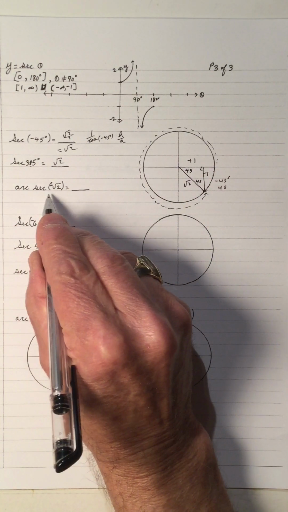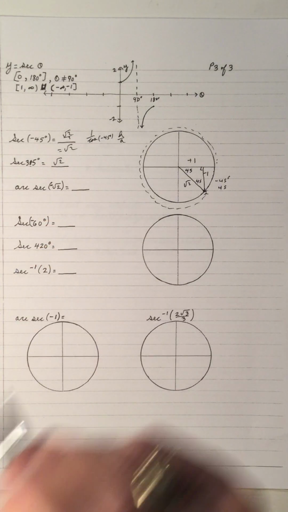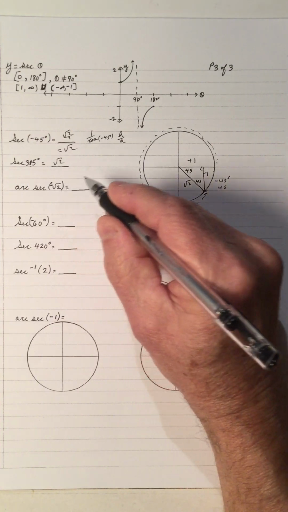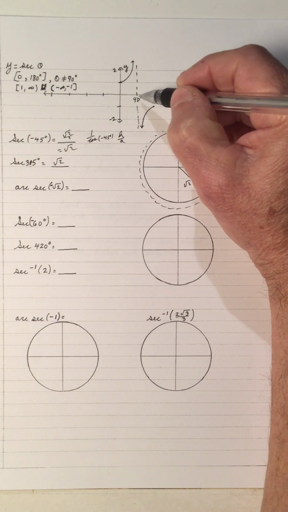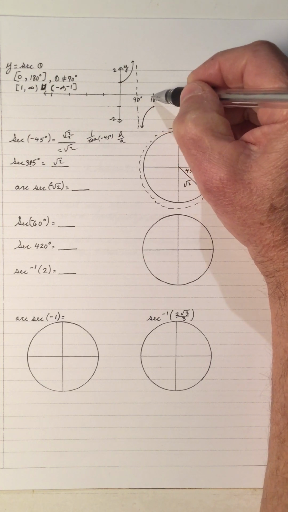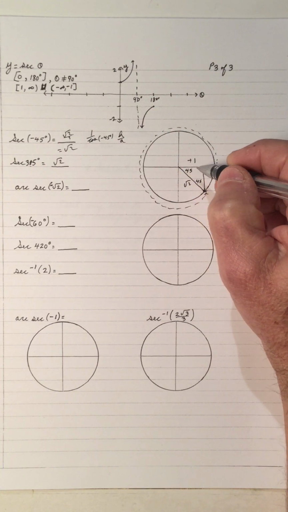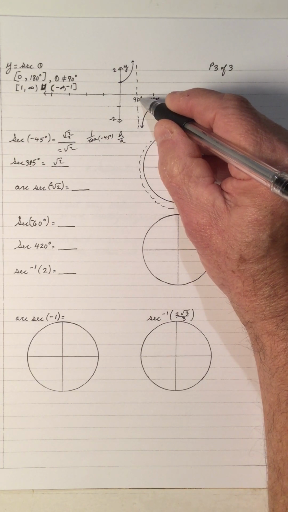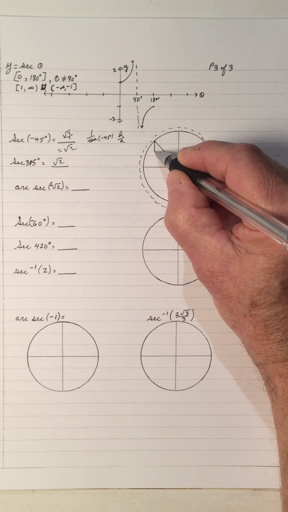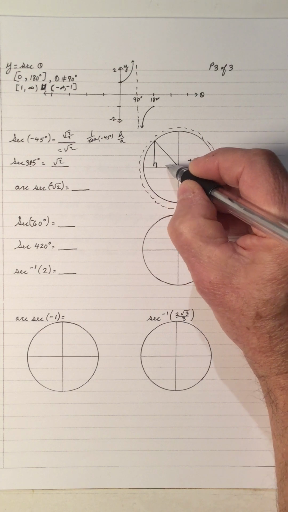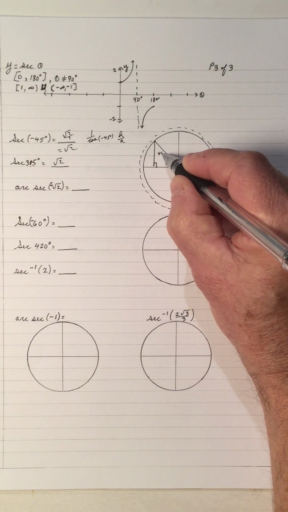So what about the arc secant of negative root 2? Well, if cos is negative, it's from 180 to 90, because it's negative here. So that means that because of the root 2, it must be between 90 and 180, so it must be in this quadrant. And so we drop a perpendicular, and because we have a root 2, it must be 45, 45.